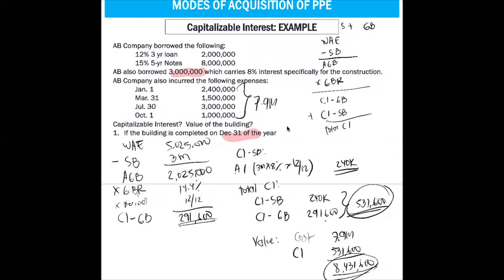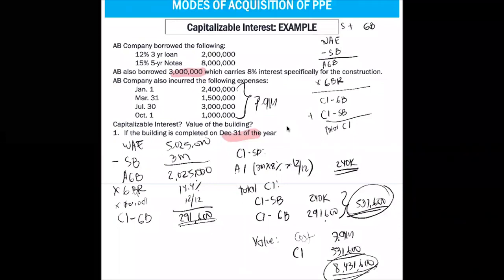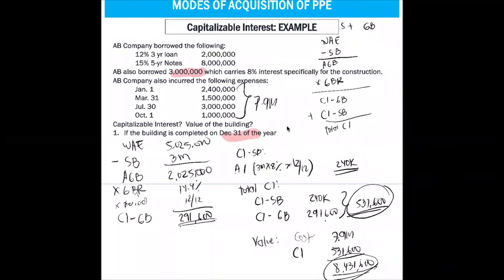The total capitalizable interest is 531,600. And to compute for the value of the building, we have here your cost of 7.9 million plus the capitalizable interest, which is 531,600, 8,431,600.